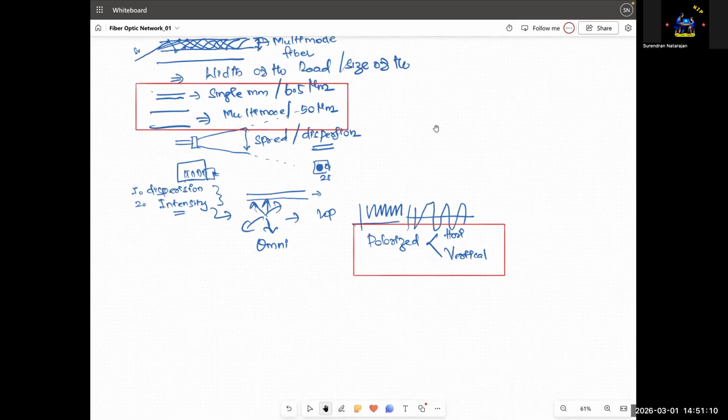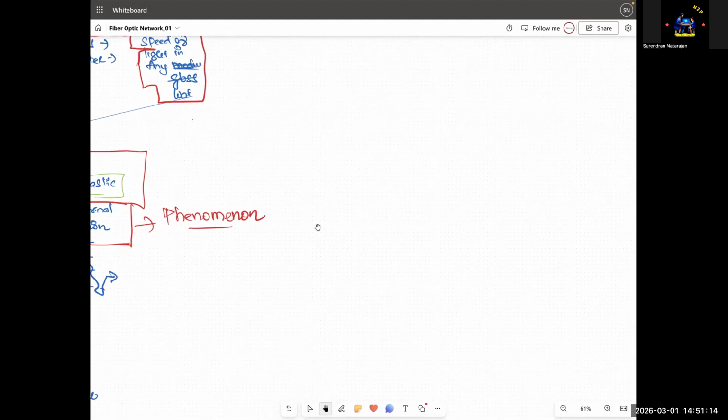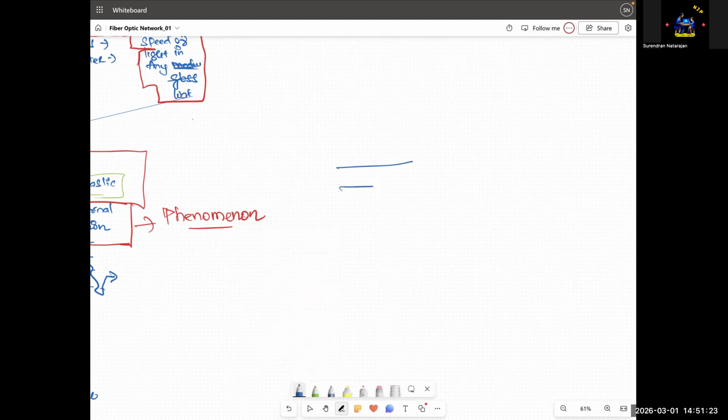If this phenomenon has to happen, what is the basic criterion for it? You need to send the light at one angle. This angle is called the critical angle.